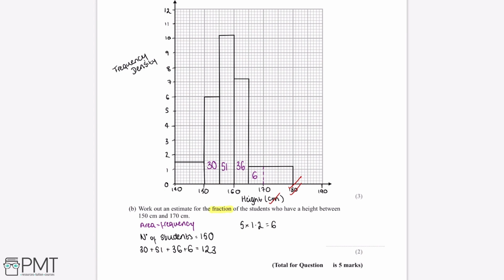So if there's 150 students in total, then 123 as a fraction of the total number of students will be 123 over 150. Now this question's worth 2 marks. We'll get our first mark for working out the number of students between 150 and 170 centimetres, and our second mark for the correct answer.